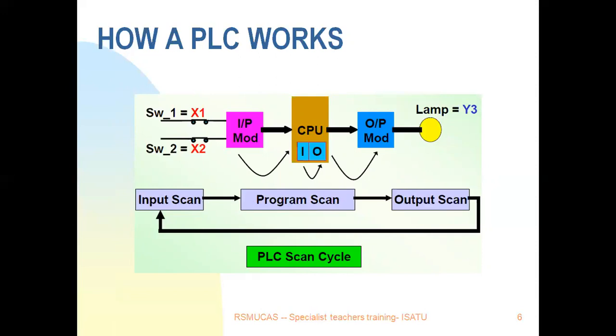Then out from the program, it produces an output. So the output here produces or switches on the load so that it either turns on or off the load circuit. This is being repeated every millisecond. So how fast is this?